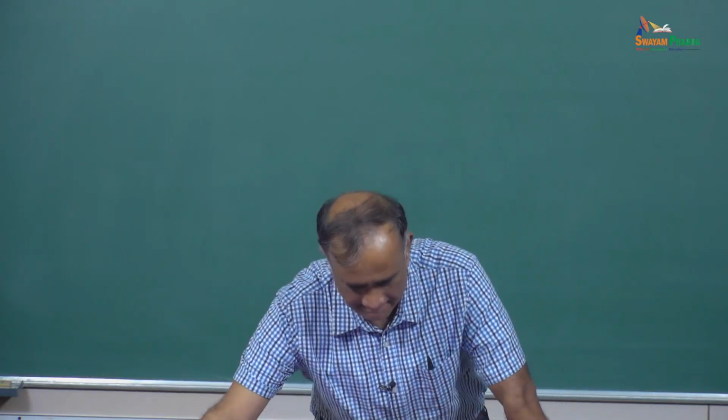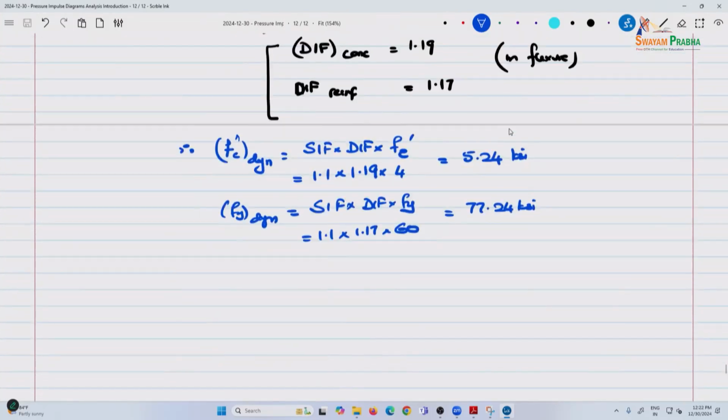Then, once we have the strength increase factors, the moment capacity of the section: if you are not from steel or concrete, if you are from other branches of engineering, or if you have forgotten, you can use these expressions if we have a tutorial.